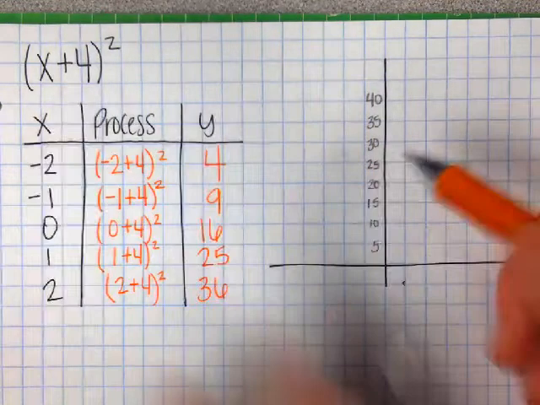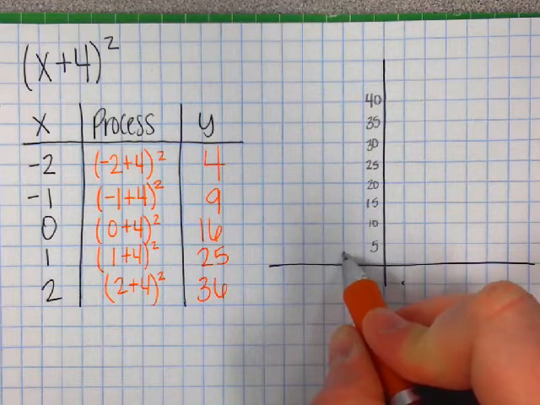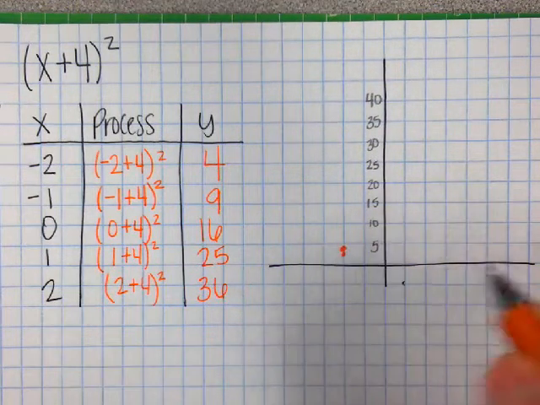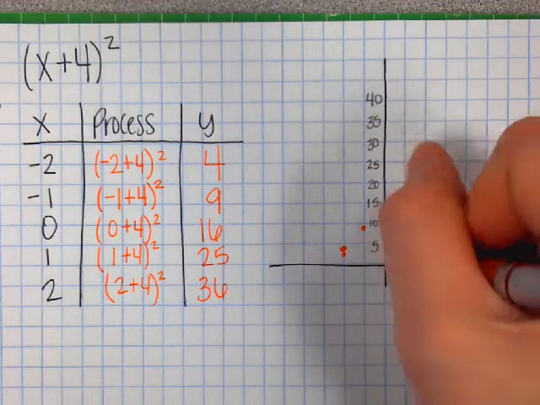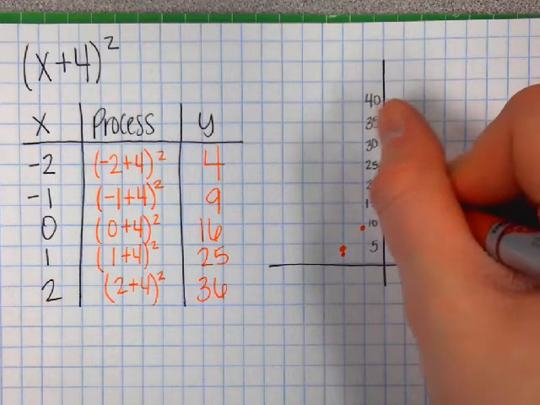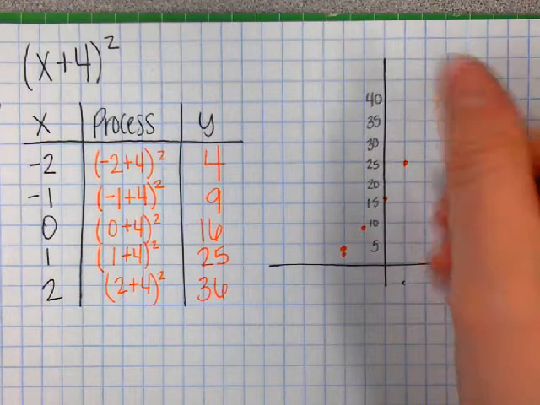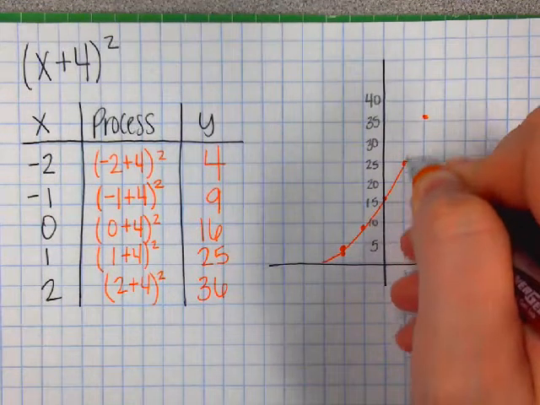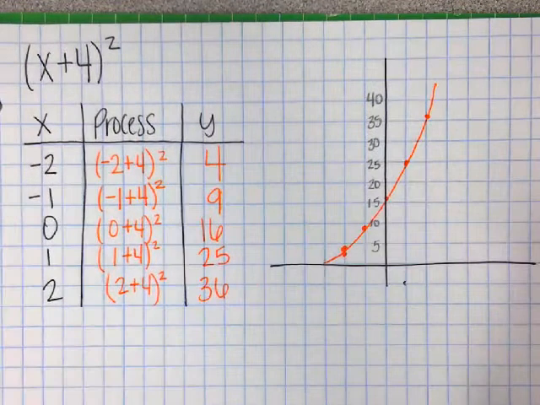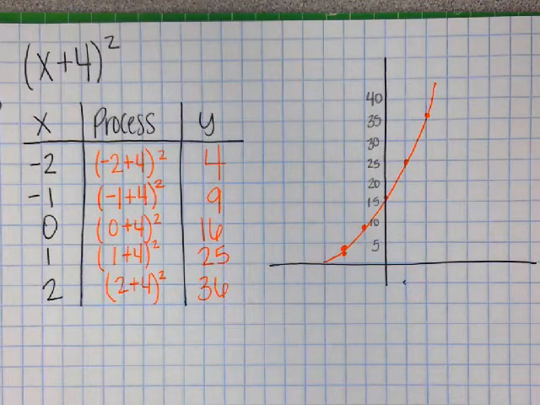So that's enough. I could have gone by fours. It really doesn't matter. So then I need to go negative 2, so 1, 2, and then up 4. Negative 1 up to 9. 0 up to 16. 1 up to 25. And 2 up to 36. So there is part of my parabola.